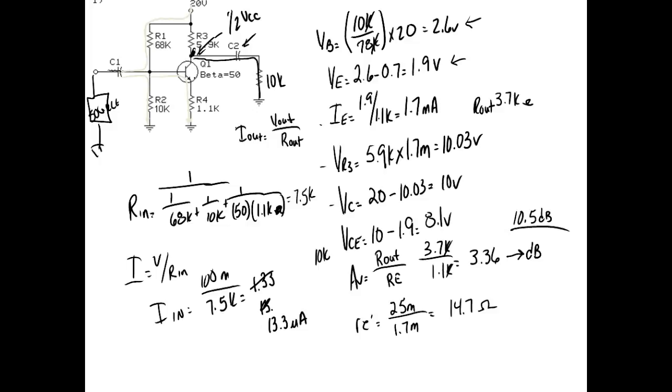What do I know? I know this right here. What is this? That's the voltage gain. So if I'm putting 100 millivolts in, to calculate my output voltage I just take my input voltage and multiply it times the gain. So V out would be equal to 100 milli times 3.36.